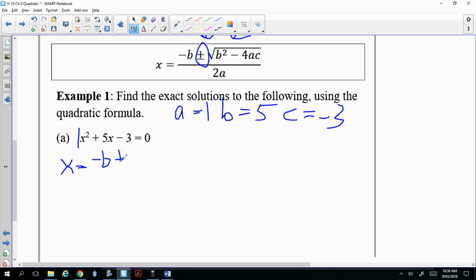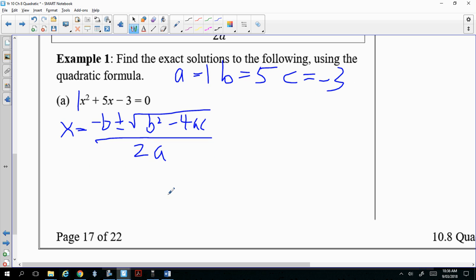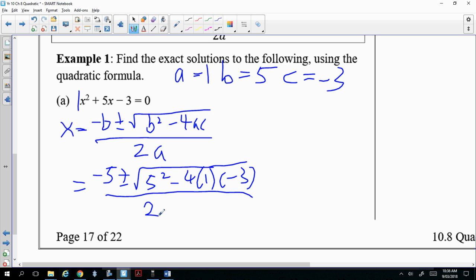The more you write it, the easier you're going to remember the formula. So write it down first, and then replace all the pronumerals by the numbers you just wrote. So -5 plus or minus the square root of 5 squared minus 4ac, over 2 times 1.